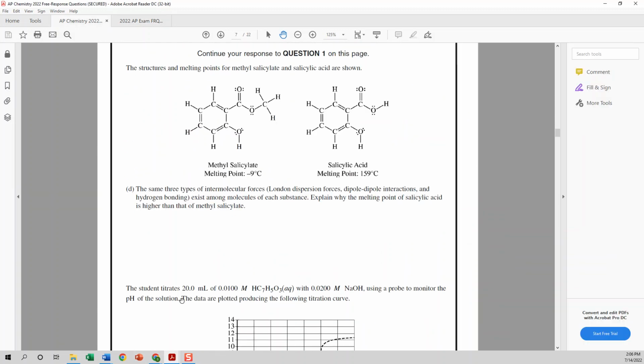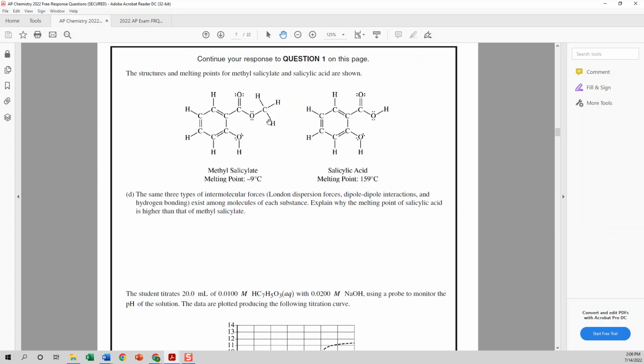So if we go to part D, okay, they give us the structures, and what to notice is that this has a -9 degrees Celsius melting point. This has 159 degrees. So this acid has a much higher melting point than this. And really the question is why? Remember, anytime you have differences in melting point, differences in boiling point, it's about intermolecular forces.